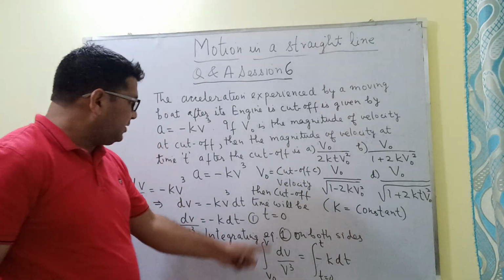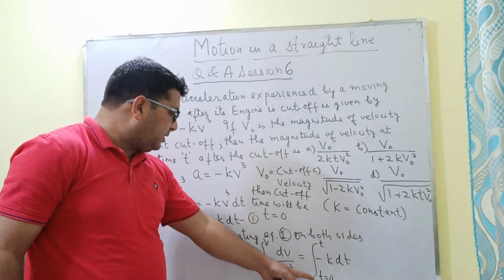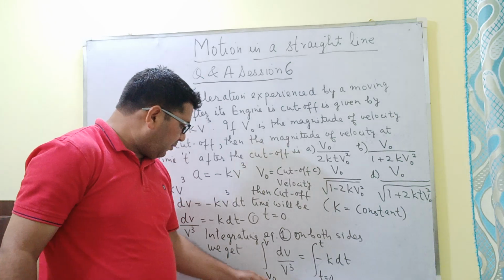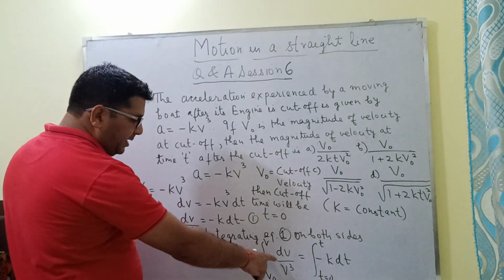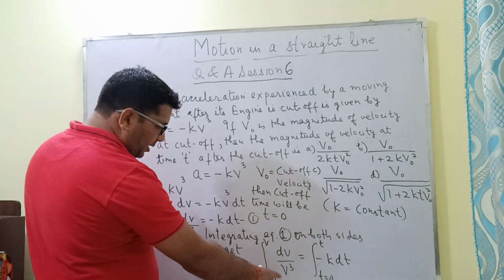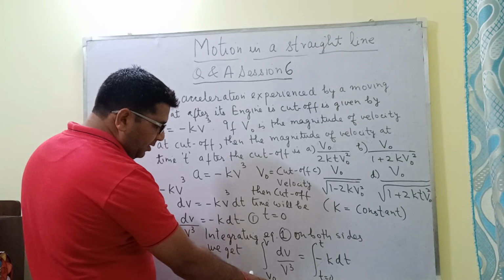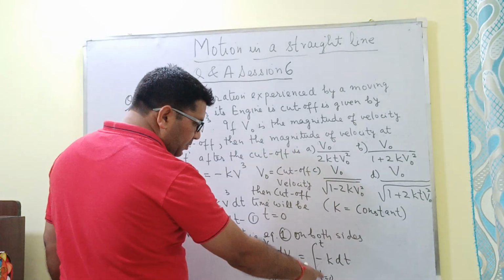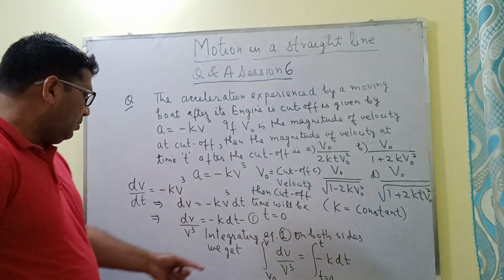Because we have taken this cutoff time as t equals 0, and at t equals 0 the cutoff velocity was v naught. So we will be integrating this equation with limits from v naught to v on the left hand side, and on the right hand side from t equals 0 to t.